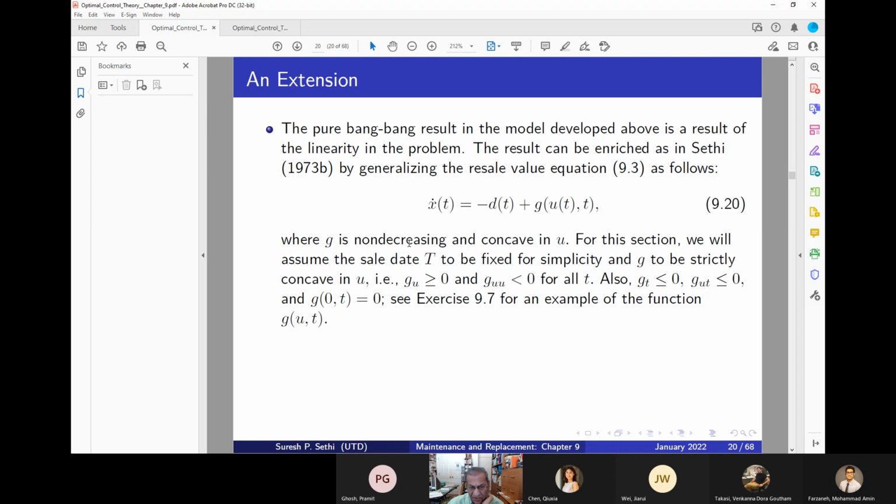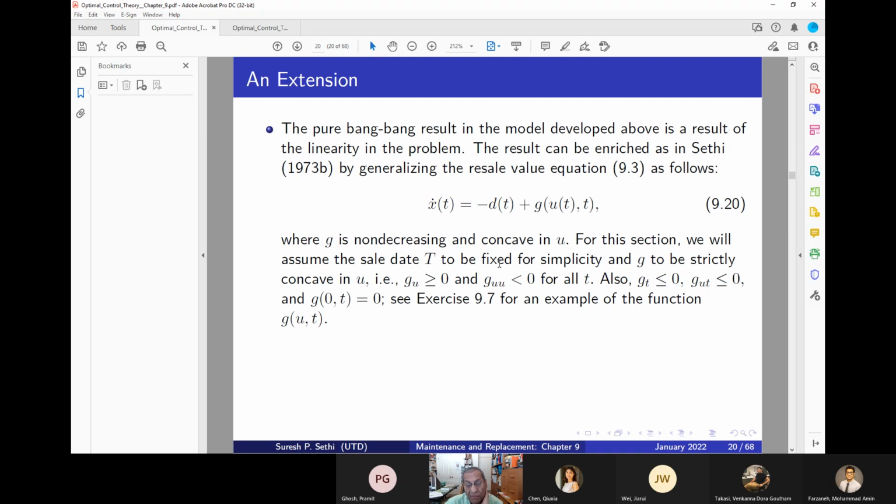For example, G is increasing and concave, which means G sub U is bigger than or equal to 0: as I increase maintenance, G will increase, but at a decreasing rate. So the maintenance is going to be less and less effective as time goes by.